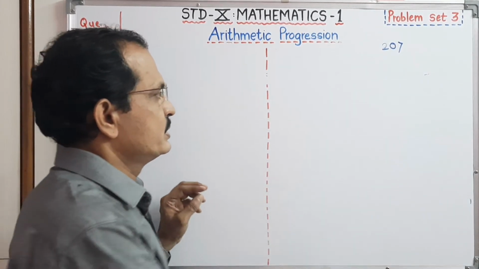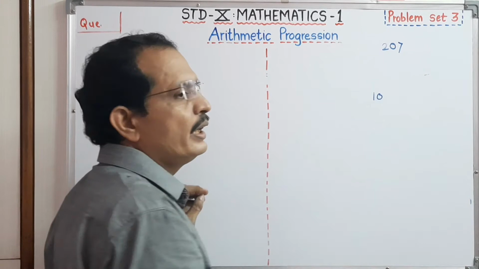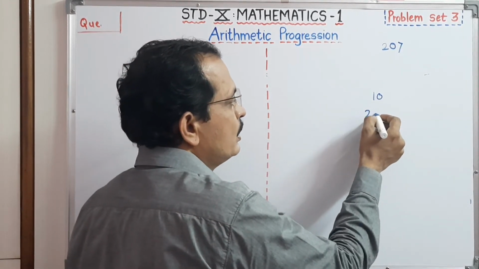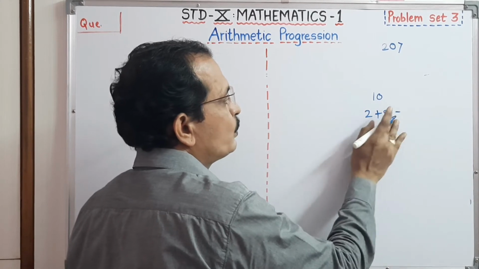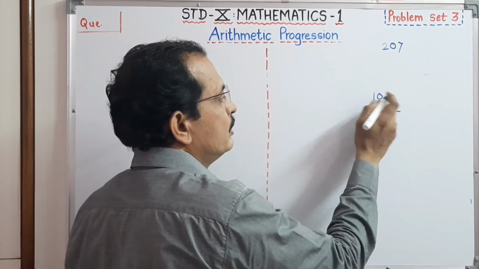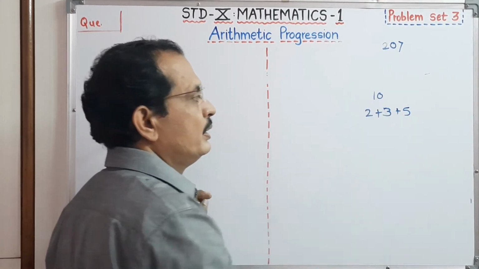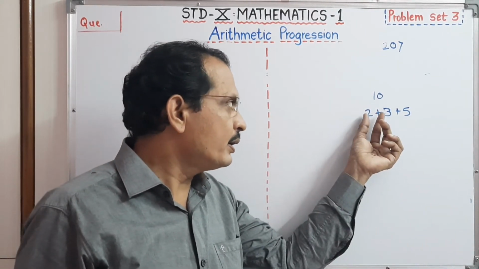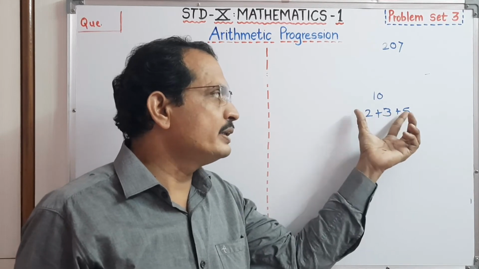That means suppose 10 is given, and we have to divide this 10 into 3 parts, that is 2 plus 3 plus 5, it is 10. Got it? Here 2, 3, 5, these are the 3 parts.